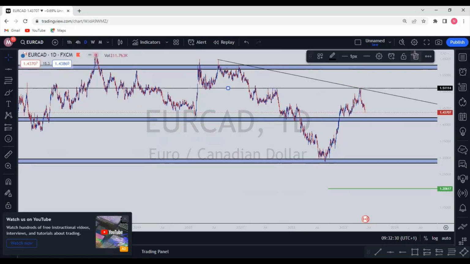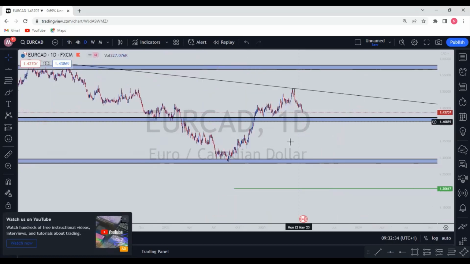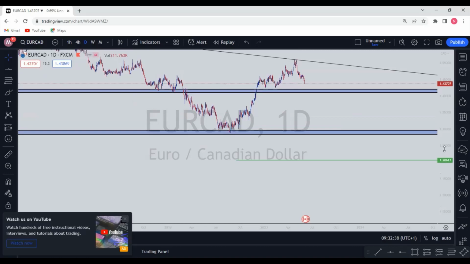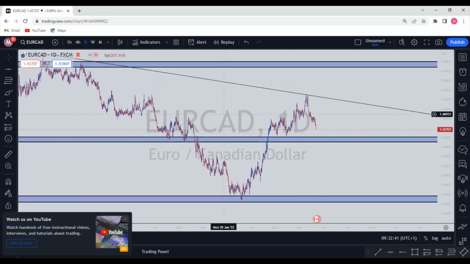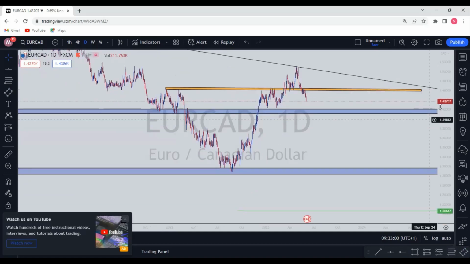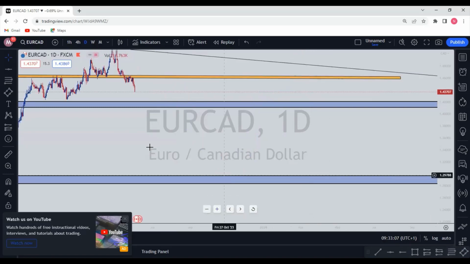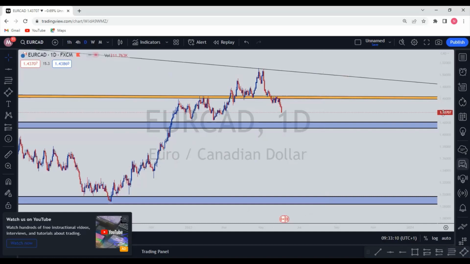So at this point I drew this minor level here. And what I said to myself is, if we are to go down, at least we have to sustain below this yellow bar. We have to sustain below this yellow bar.